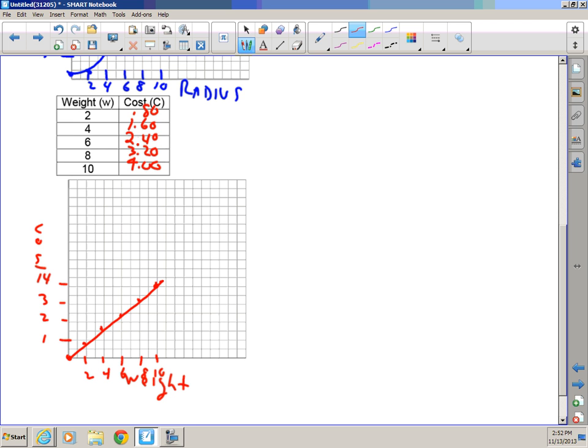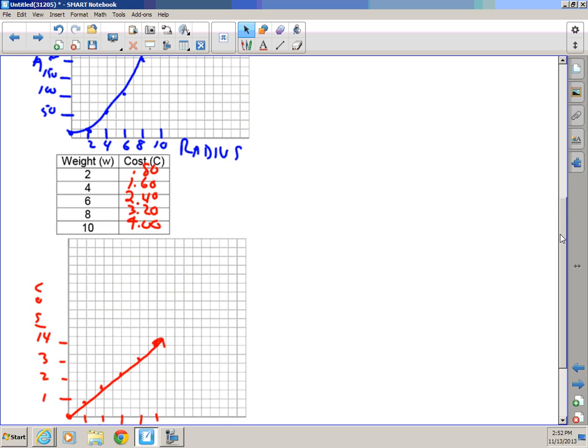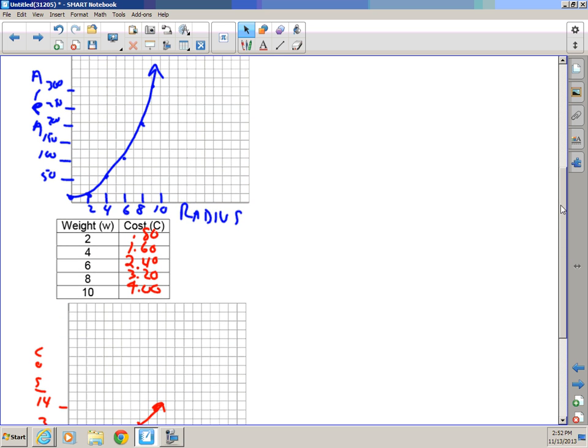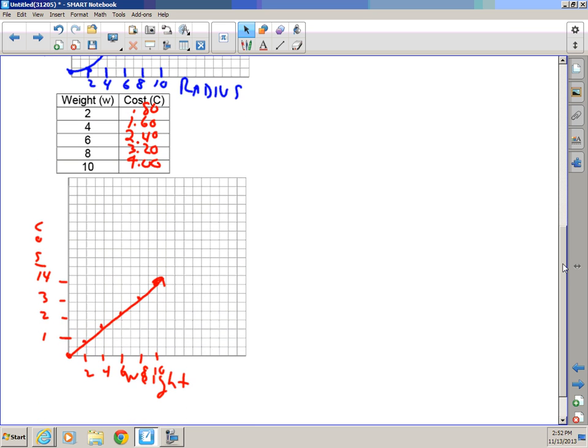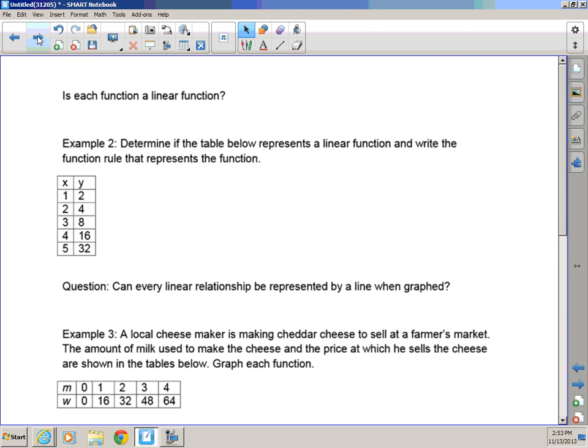And now, the question on the next page says, is each of these functions a linear function? Well, hopefully you can see the easiest way to determine the answer to this is by the graph. You should see that the graph in blue has a curve to it, but the graph in red is a straight line. So, by looking at the graphs, we can determine that the answer is no for the first one.